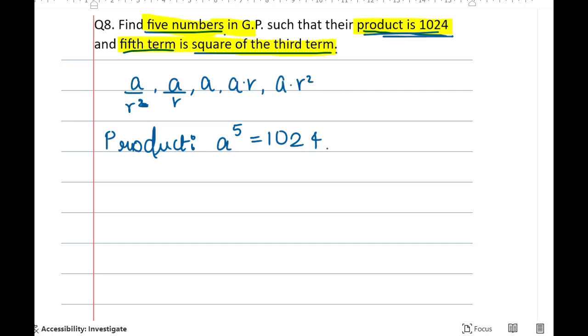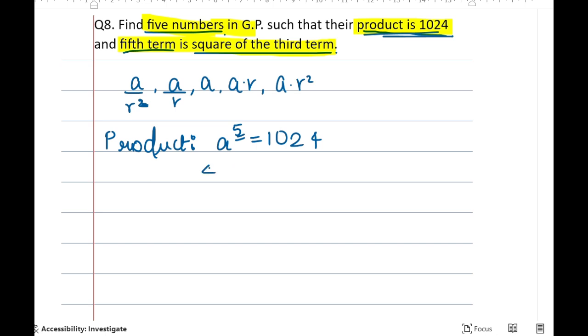What to the power 5 will give you 1024? If you look carefully, 2 to the power 10 gives 1024. But since you have to find the power 5, that means it will be 2 square to the power 5, and 2 square is 4.